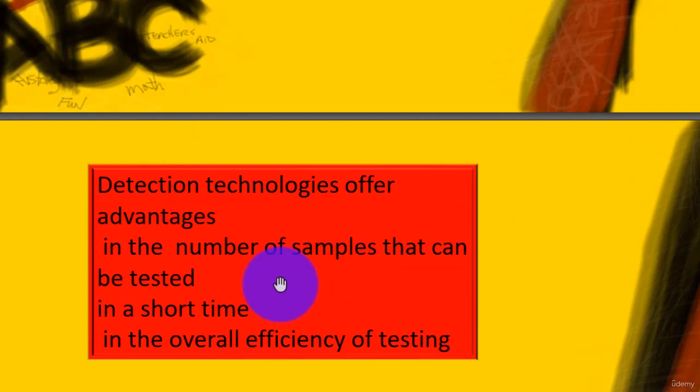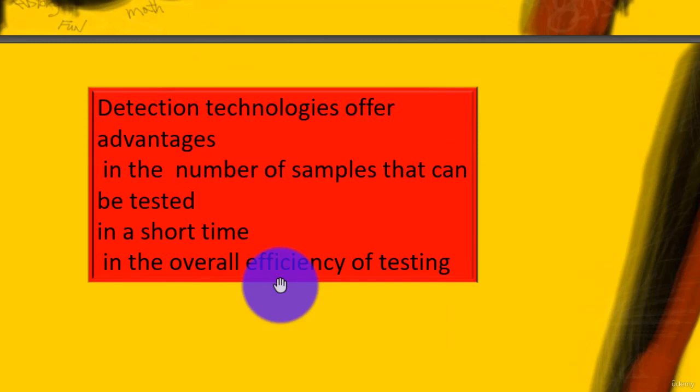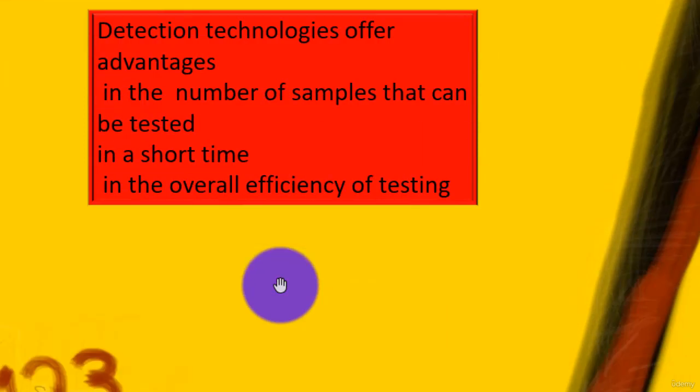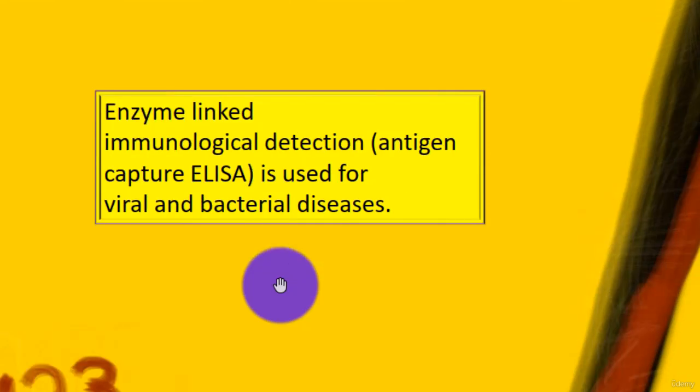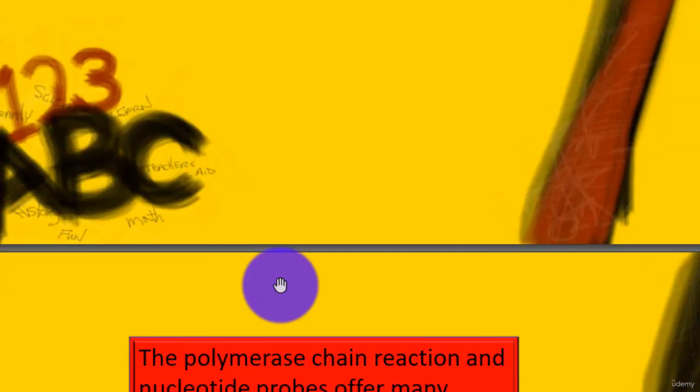Detection technology offers advantages in the number of samples that can be tested in a short time, and in overall efficiency of the testing. Enzyme-linked immunoassay, or ELISA: antigen capture ELISA is used for viral and bacterial diseases.